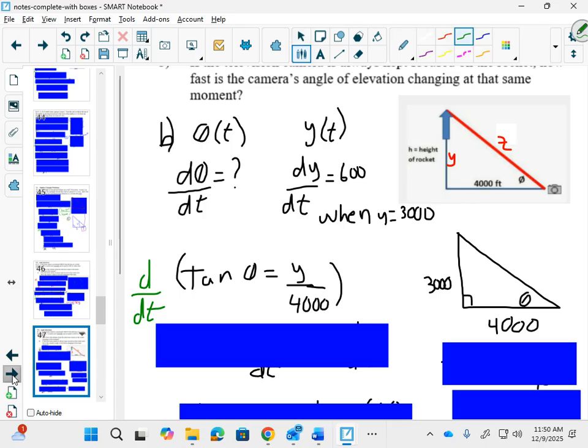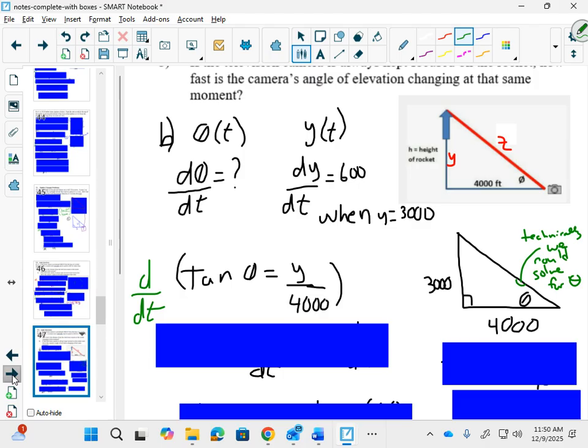Technically, we could solve for theta, right? You have SOHCAHTOA. I'd be going back to grade 10 math. You could solve for theta, no problem.